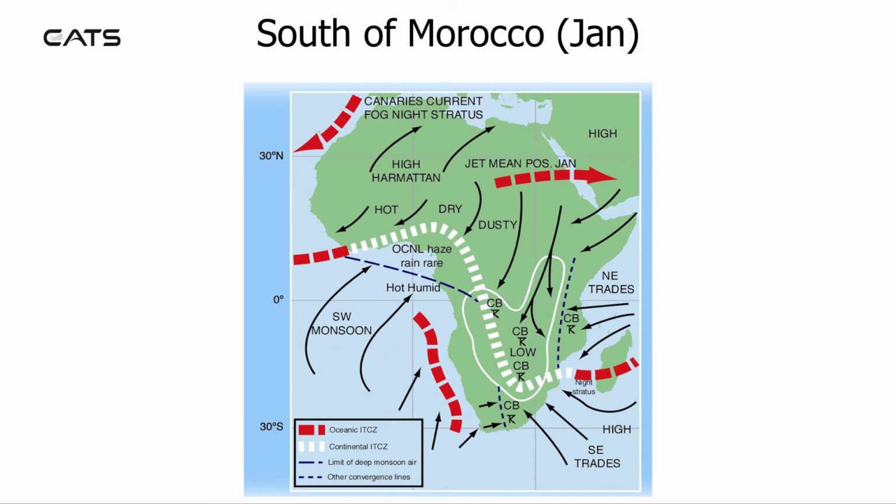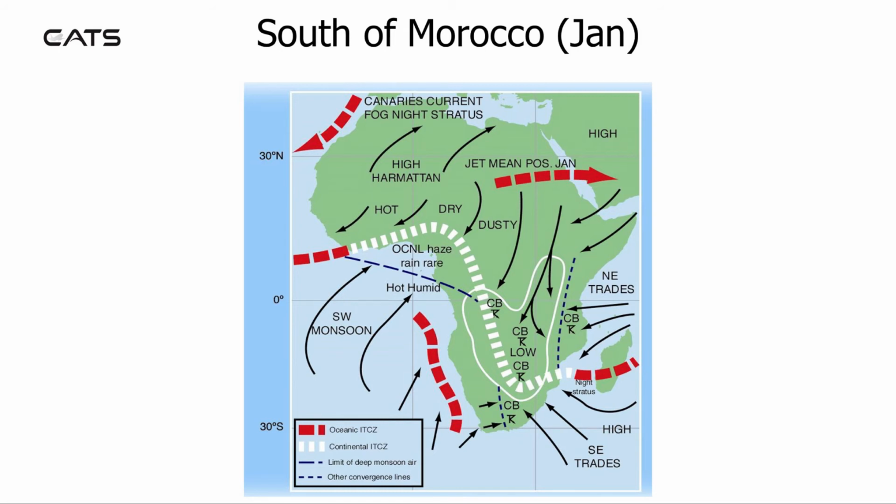Coming from the Sahara, they're dry and dusty. South of the ITCZ is the southwest monsoon and southeast trades, which will bring moisture to the ITCZ, and you can expect CU and CB clouds.